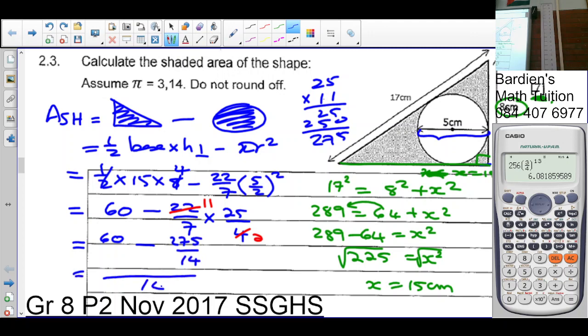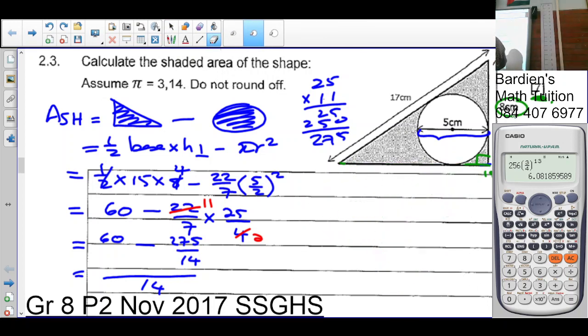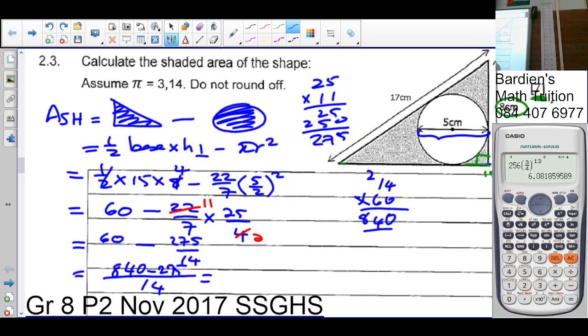So you got an LCM of 14. So it's going to be 14 times 60. So it's 840. So it's going to be 840 minus 275.